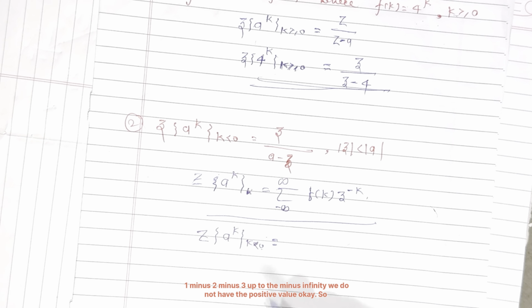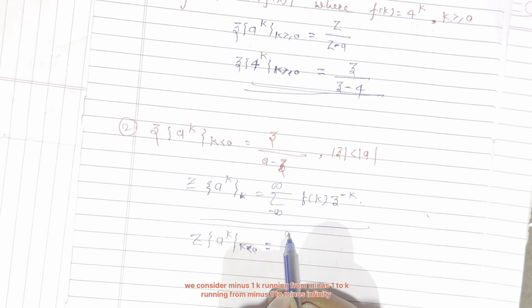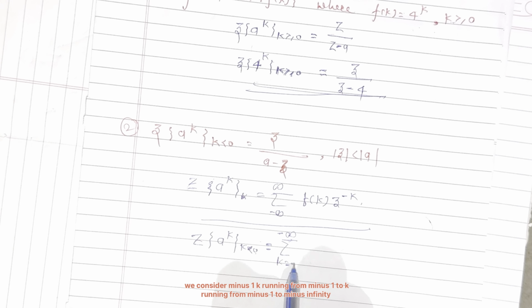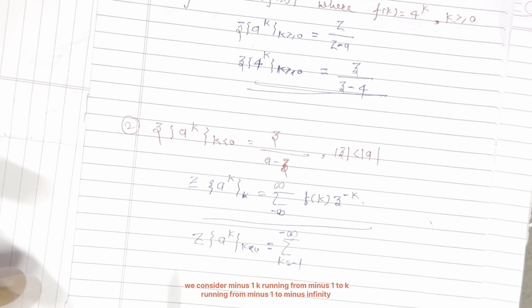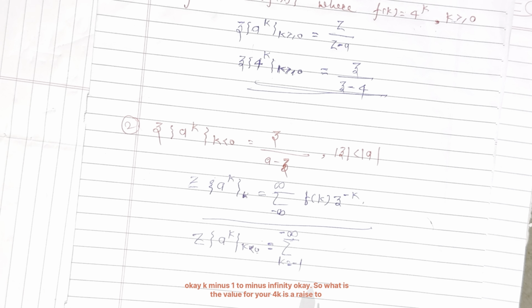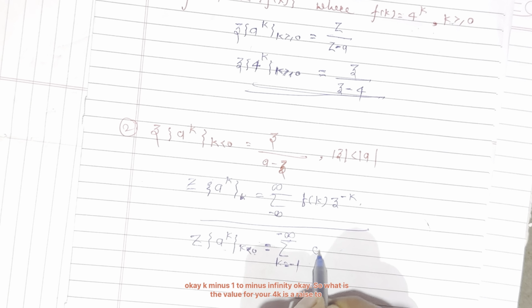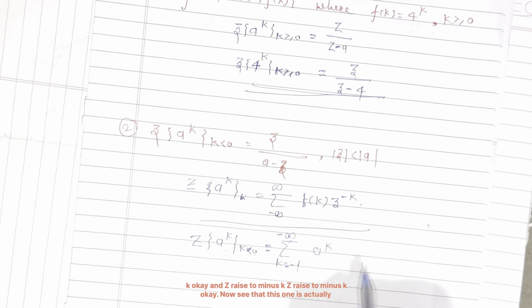We don't have the positive values. So k is running from minus 1 to minus infinity. What is the value for f of k? It is a raised to k, and z raised to minus k.